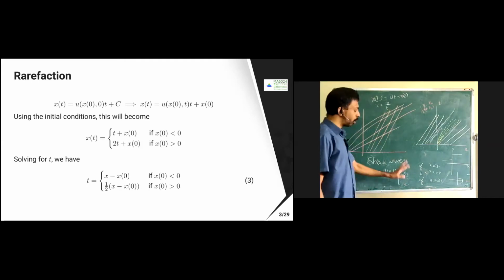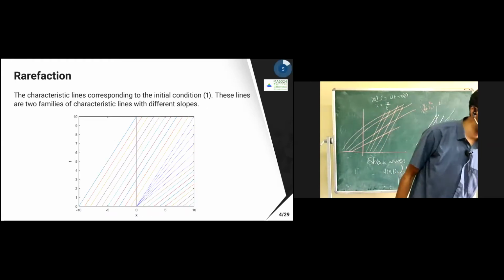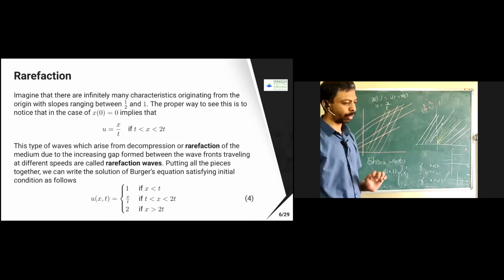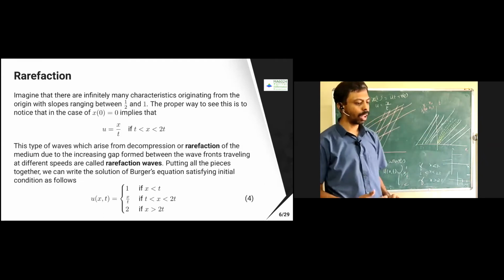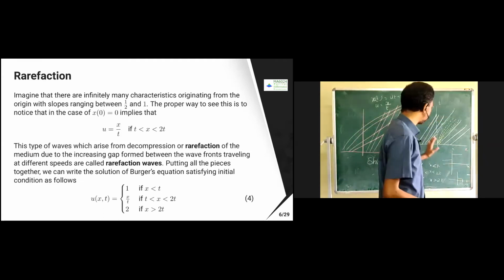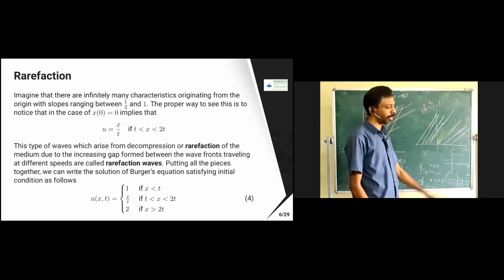So this is the way. What we do is that we just fill that gap. Okay, we fill that gap in this space. So these type of waves, which arise from decompression or rarefaction, occur when there is a gap between the waves. Two waves are traveling: one is having slope 1, another is having slope 2.